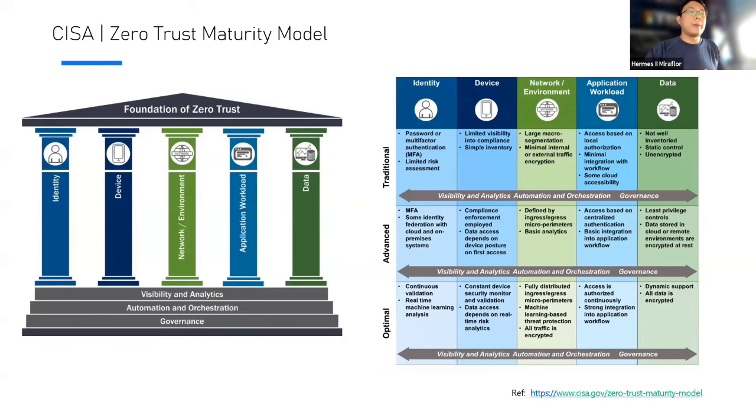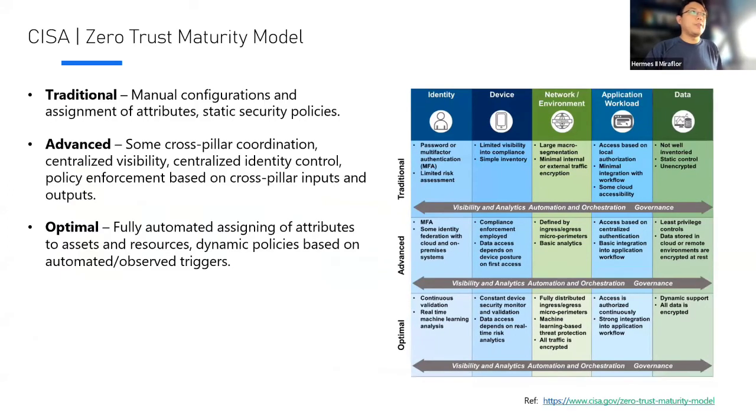Okay, so in terms of the maturity model, again, traditional would usually mean you're still making use of manual configurations. You have static security policies in place. Compared to the advanced stage, you are now using a centralized approach. You are making use of dynamic policy enforcement across all of those pillars.